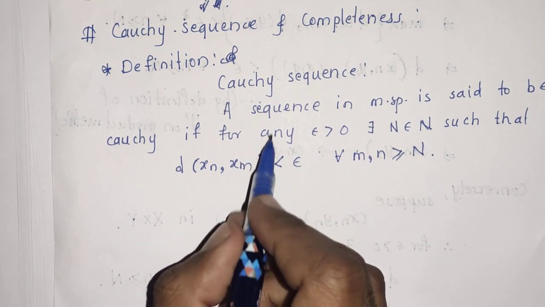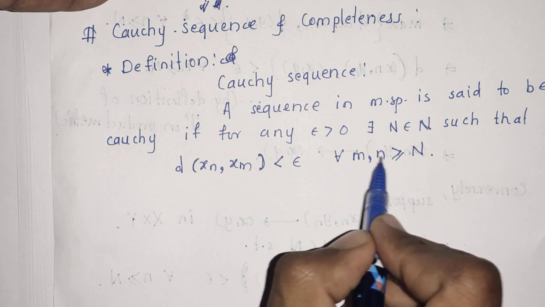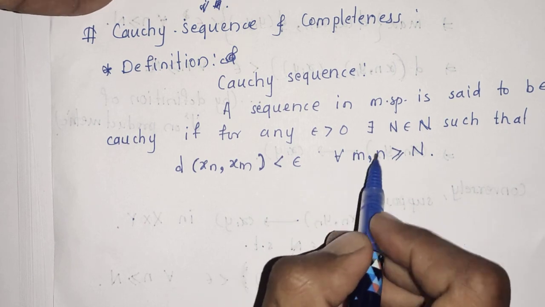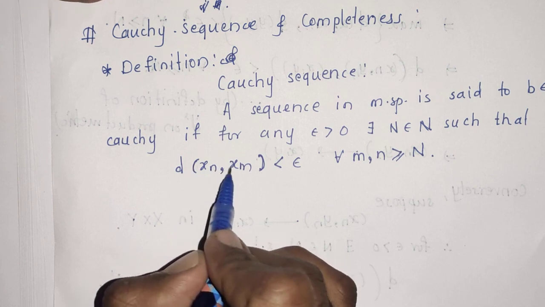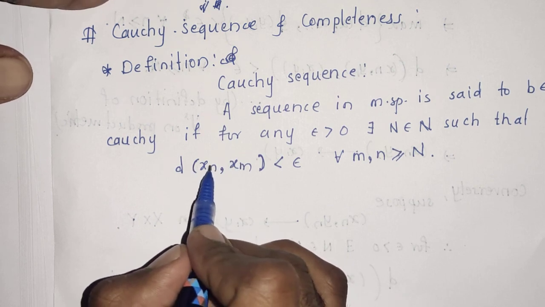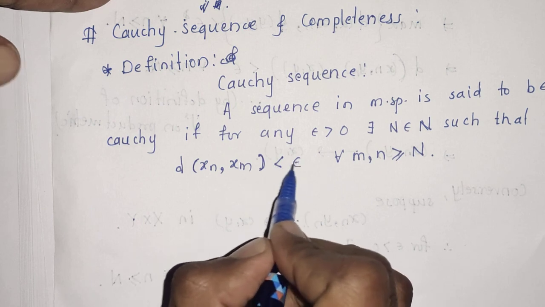So the sequence is said to be Cauchy if for all m, n greater than or equal to N, for larger values of m and n, the two terms of the sequence are very close to each other. That is, the distance is less than epsilon, where epsilon is a very small number.